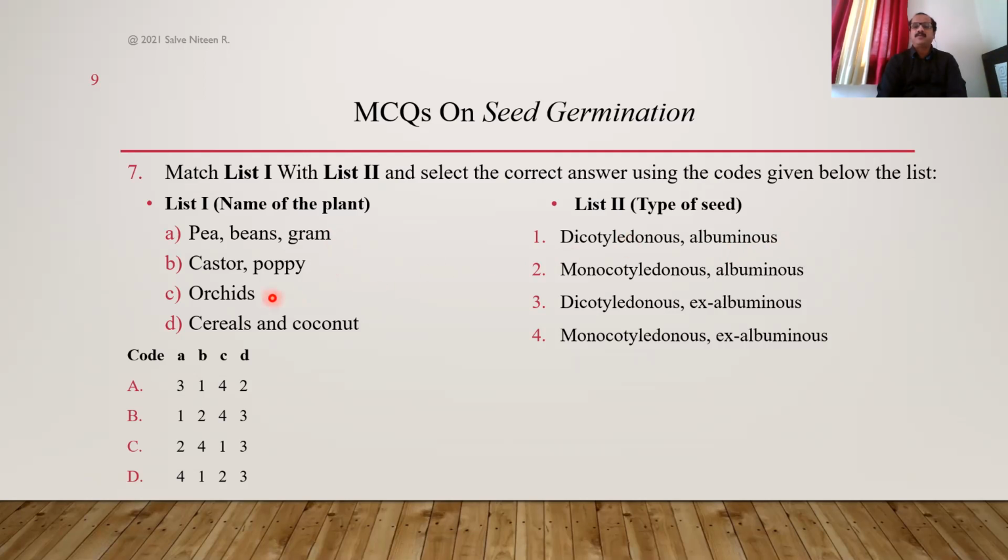Orchids are examples of monocots which are ex-albuminous, and cereals and coconuts, wheat, rice, jowar, bajra, maize, all these are monocots with albuminous seeds, because they consist of endosperm. Their endosperm is starchy endosperm, that is the edible part of cereal seeds. So after matching, you will get the answer. Option A is the correct answer.